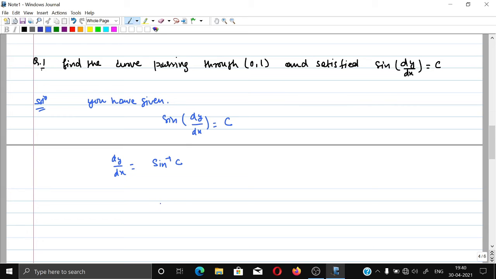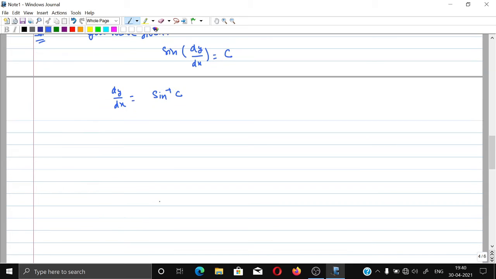Next step, you are finally able to write the given equation in the form dy/dx equal to f(x, y), but here x is not given, so finally you write dy/dx = sin inverse c.